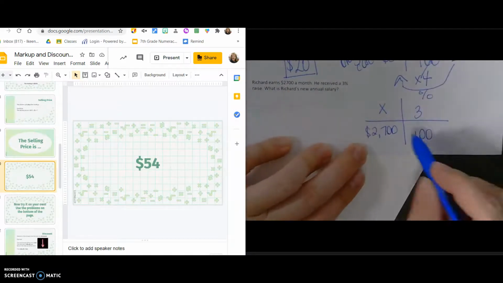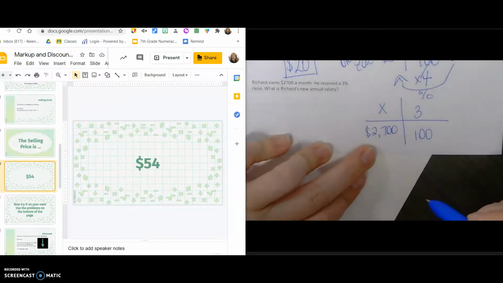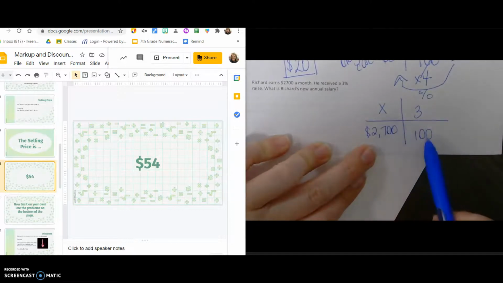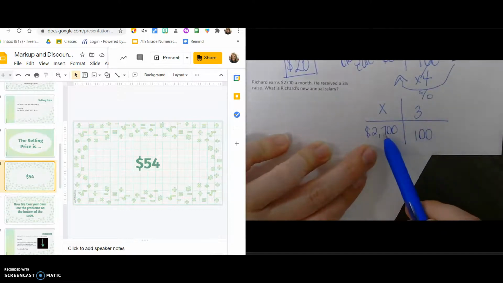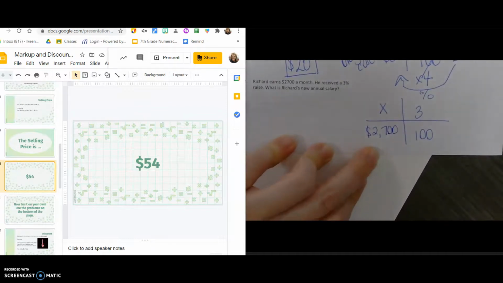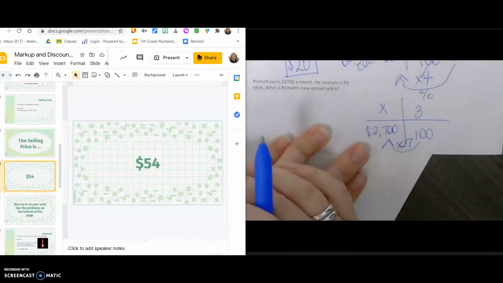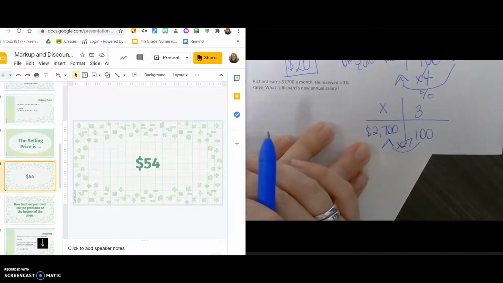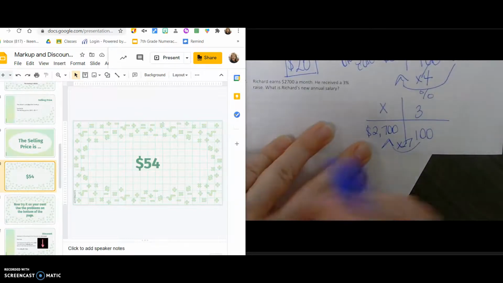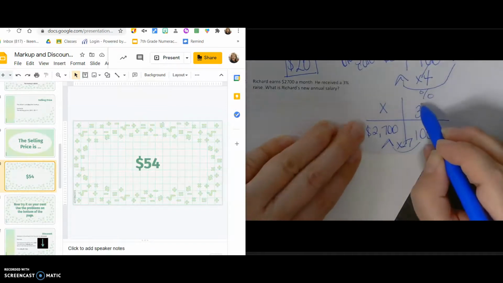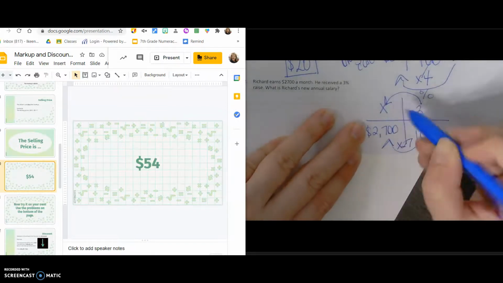All right, so here we go. I can look for a relationship that I know, or I can cross multiply. I could say 100x equals 2,700 times 3. Or I could say that 100 times 27 will give me 2,700. And then I know that I do the same thing on the top that I do on the bottom.